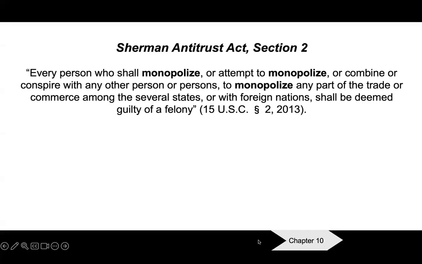Section 2 of the Sherman Act prohibits behaviors related to monopolization. And here, as you're reading on the screen, the direct language from the law itself, I've bolded monopolize multiple times so that you know that this particular section prohibits behaviors related to monopolization. Now, important note, having a monopoly itself isn't illegal.